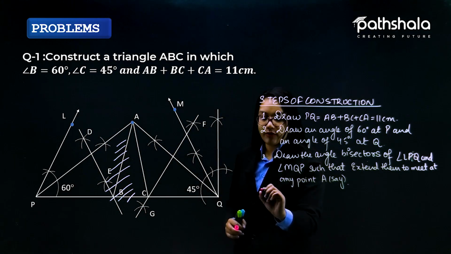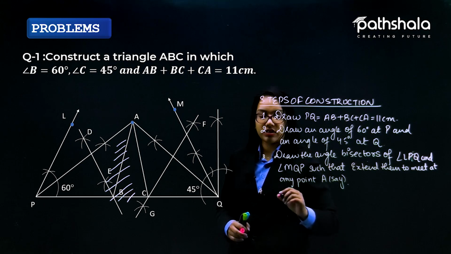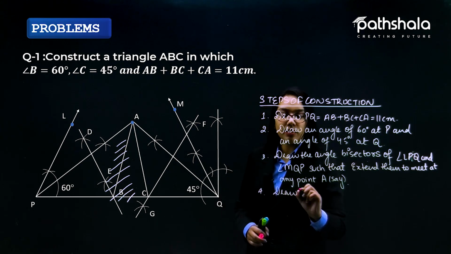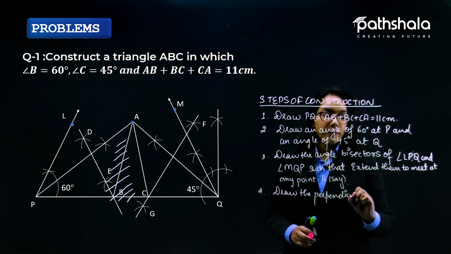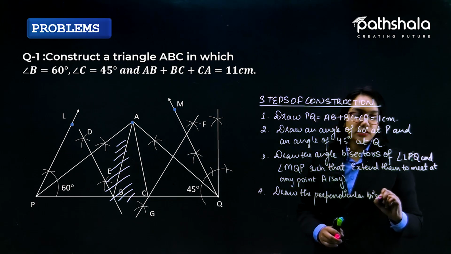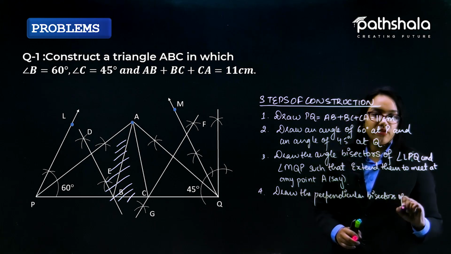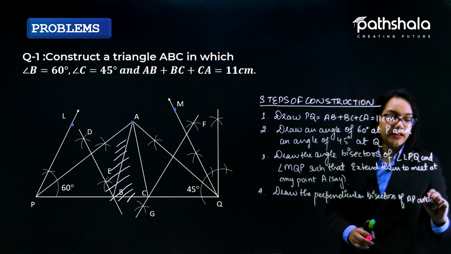Now let's talk about the fourth step. Draw the perpendicular bisectors of AP and AQ.